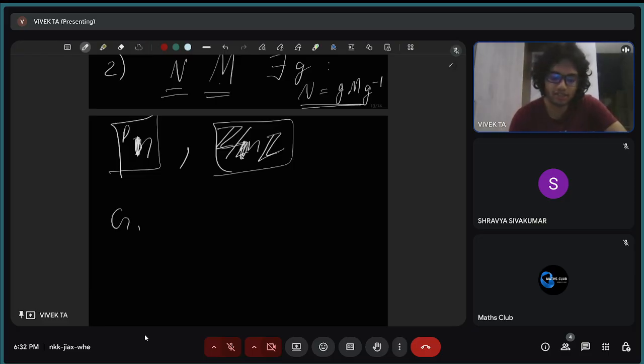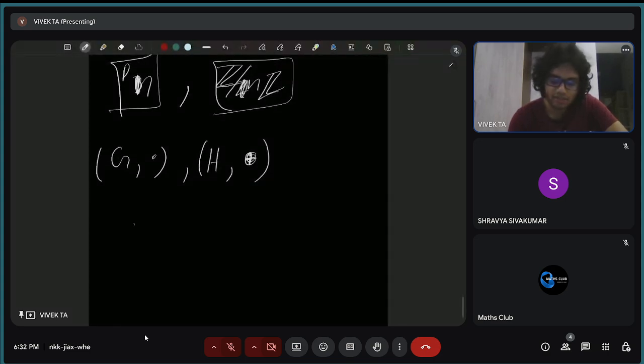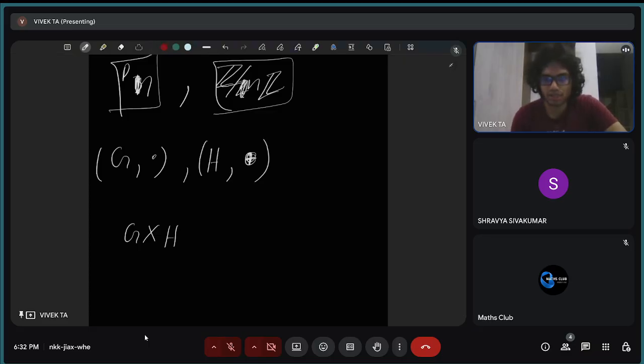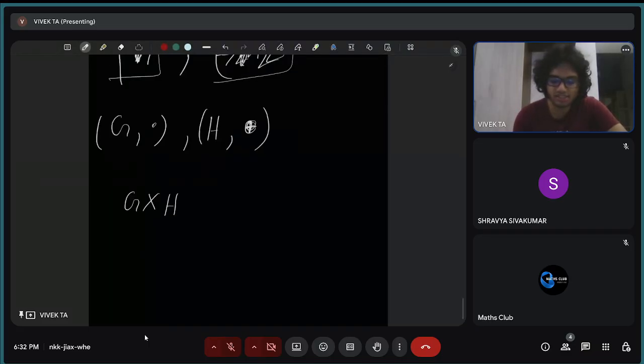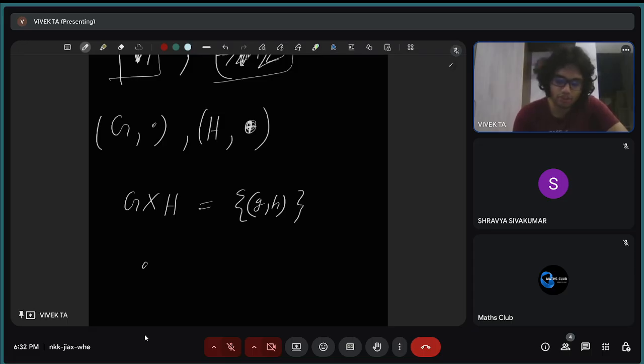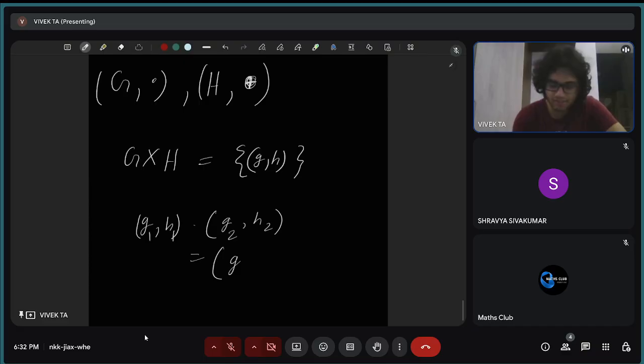Product groups are essentially like this: if you have, let's say, G and H with two operations, then G cross H also forms a group. Its elements are of course G comma H, but you can define the operation as follows: G1 comma H1 operated on G2 comma H2 is equal to each operation applied on the elements themselves.